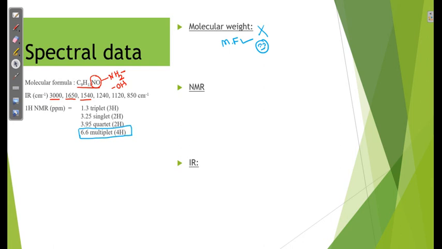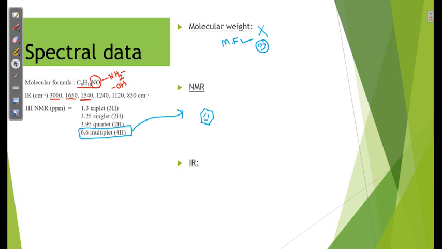Here it is 6.6 and 4H, so there is a 100% chance that an aromatic compound could be present. So this fragment is there.